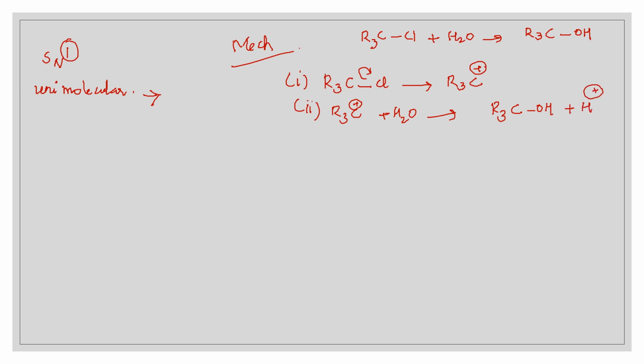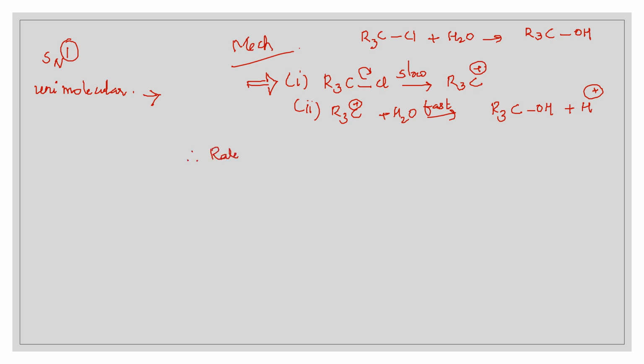When you consider the kinetics of these two steps, this is the slow step and this is the fast step. The slow step is the first step, which involves the formation of a carbocation. In kinetics, you know that the slow step is the rate determining step.